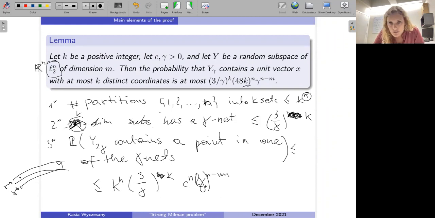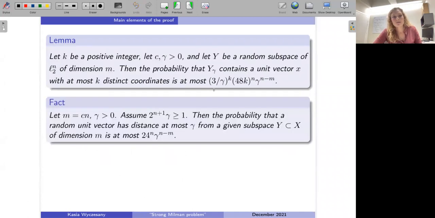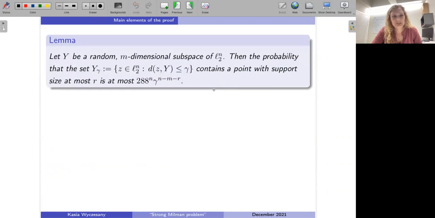I'm sorry if this is a little bit unclear. I hope so. The c to the n, one can work it out, and it can be done to be 24 to the power of n, and that gives me the claim. Similarly, this is the fact about those cups that I wanted to show.